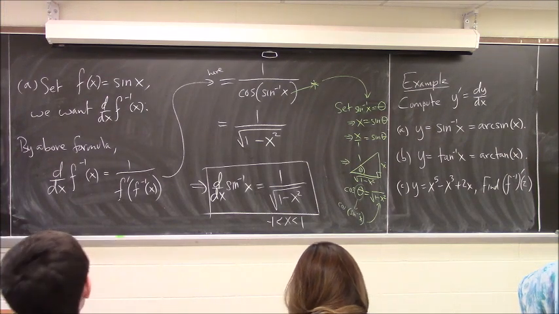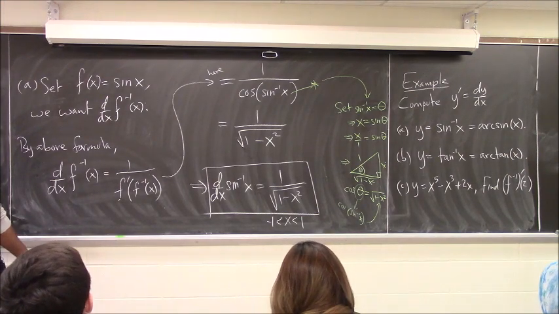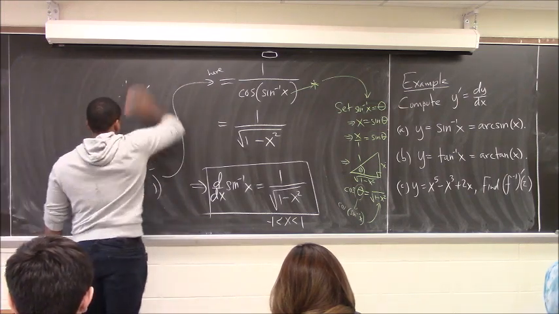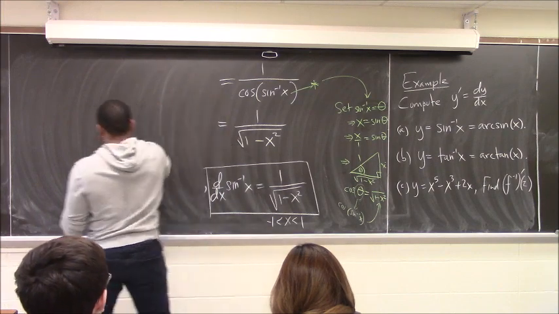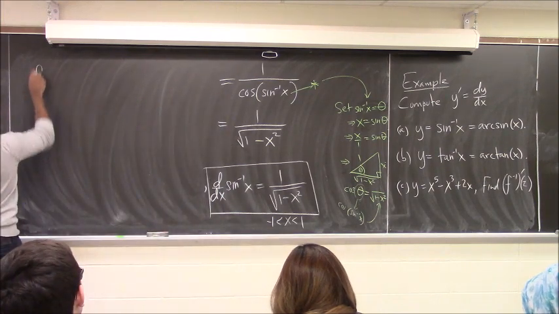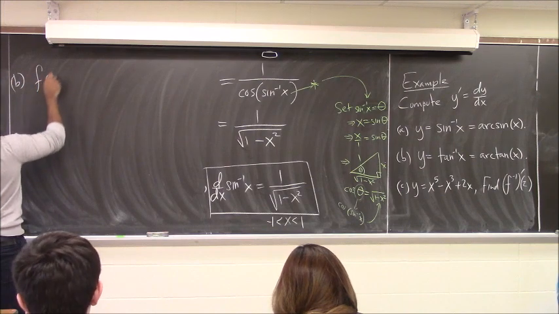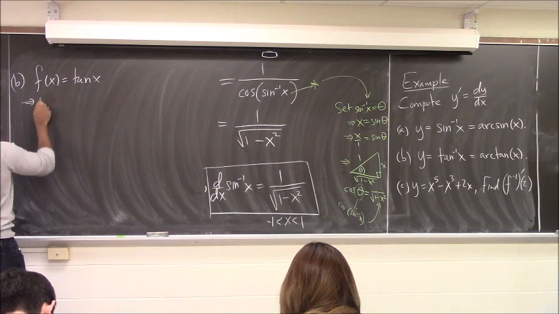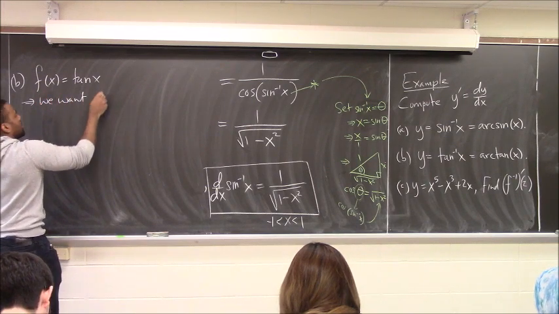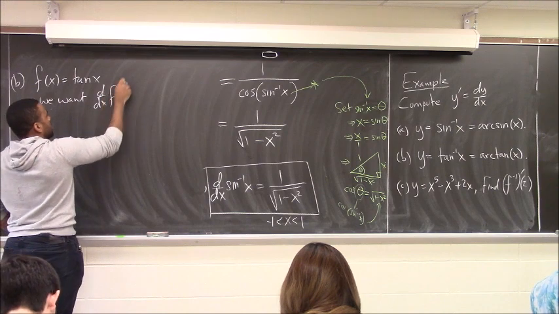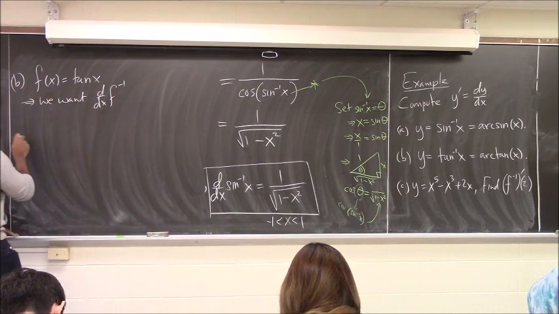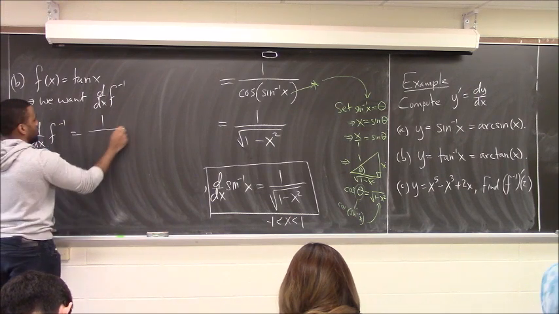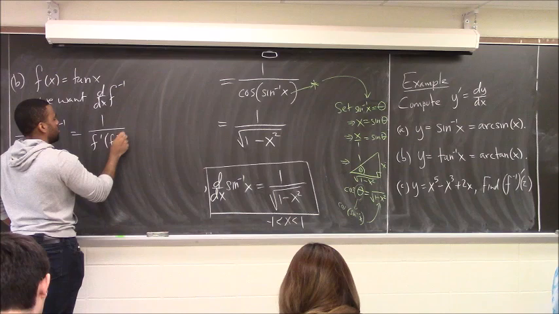Deriving for tangent is very similar. So B, if f of x equals the tangent function, this means we want the derivative of the inverse, but the derivative of f inverse is just 1 over f prime of f inverse.